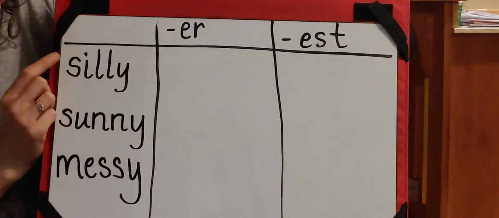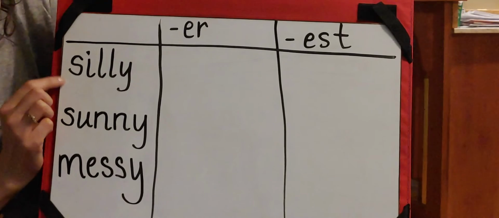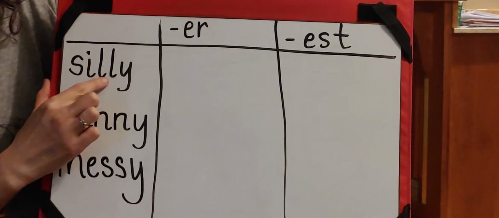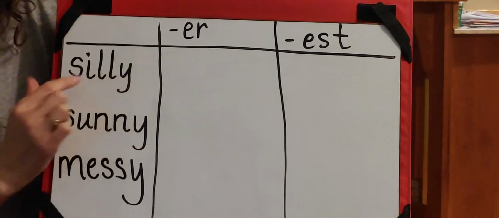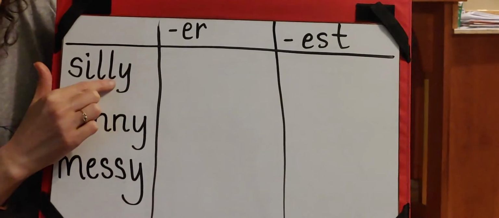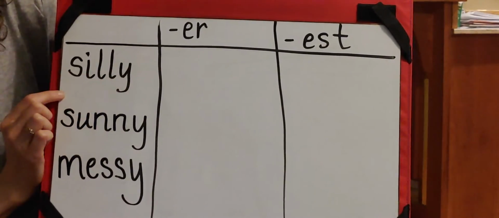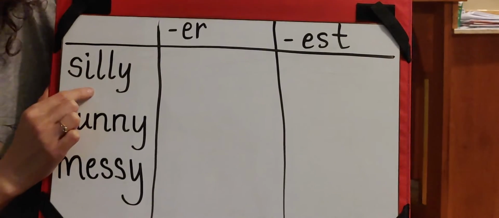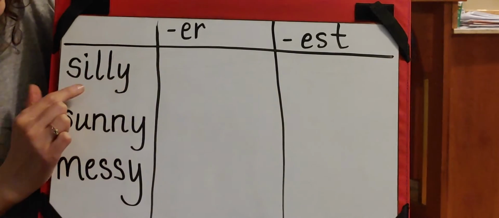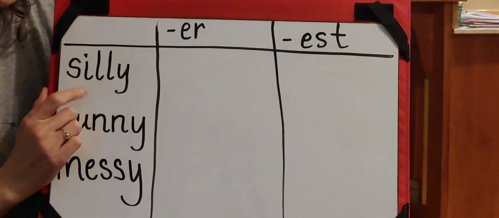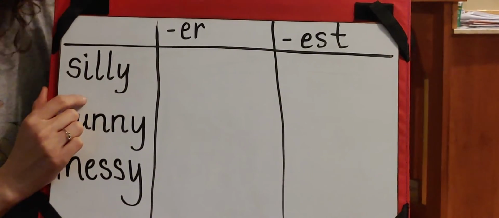So let's look at this first word. This is the base word. Let's see what it says. This is the letter L that says ul together, and Y at the end says E. So we have silly. Silly means something is funny. All right, so we're going to change silly to say sillier and silliest. But we have to do something to this Y before we can do that.